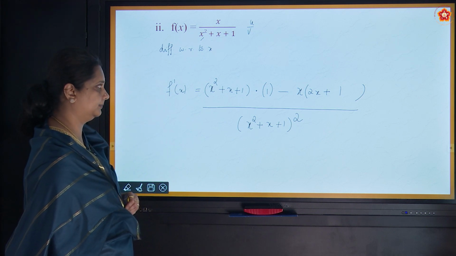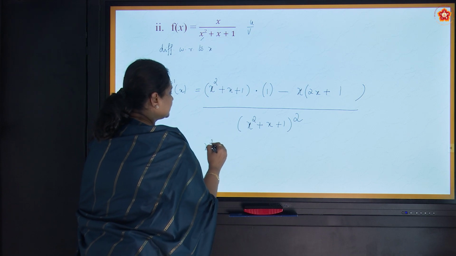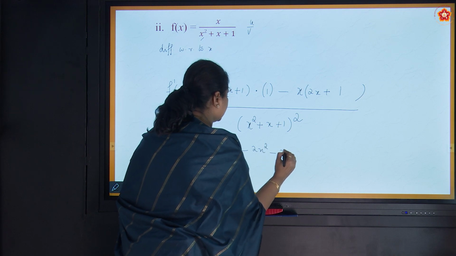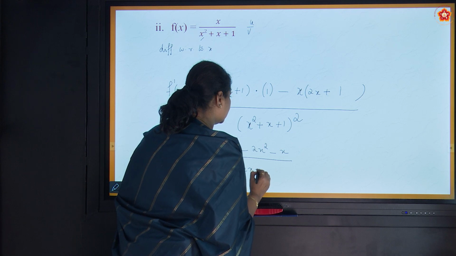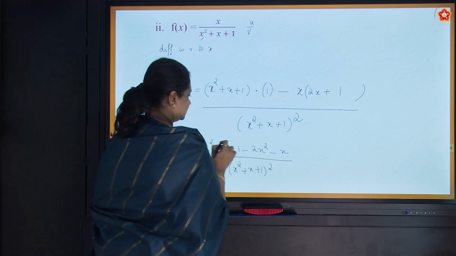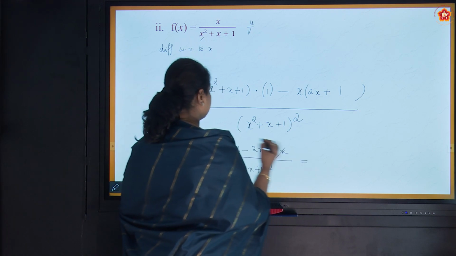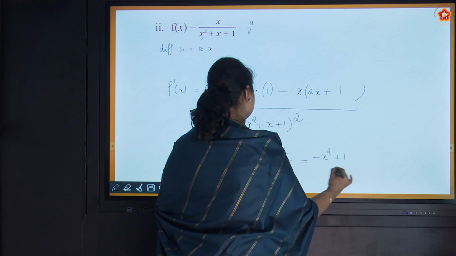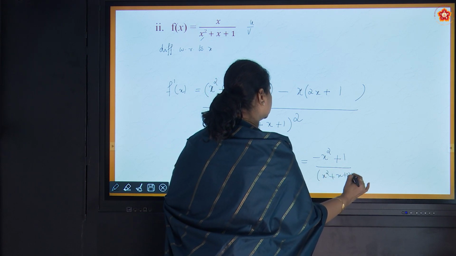Now let's simplify: x square plus x plus 1 minus 2x square minus x, divided by x square plus x plus 1 the whole square. So you have x and minus x getting cancelled, and x square minus 2x square gives you minus x square plus 1, divided by x square plus x plus 1 the whole square.